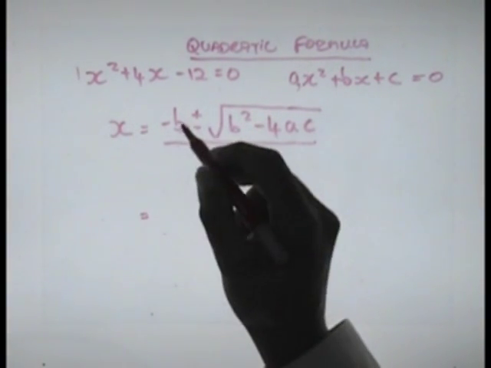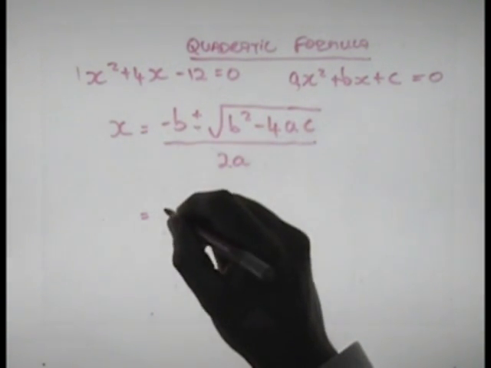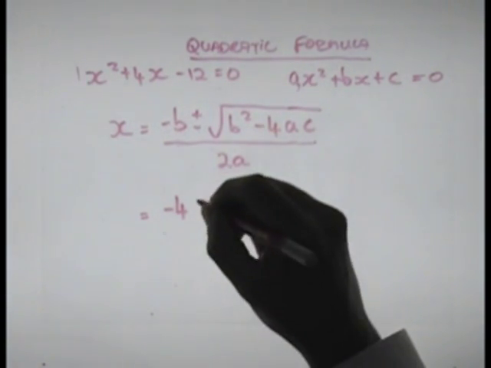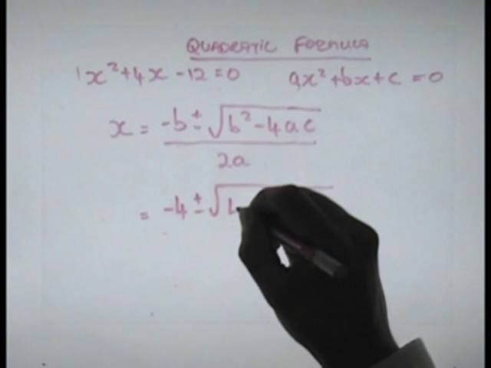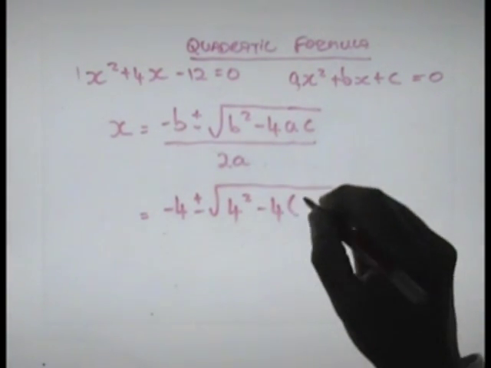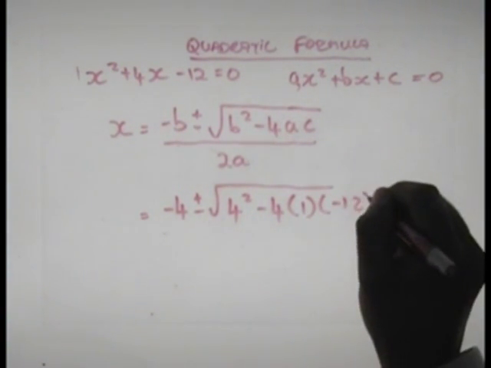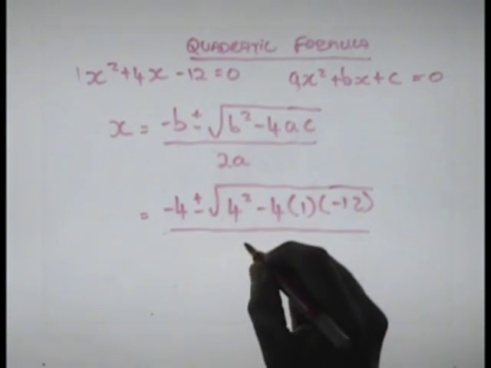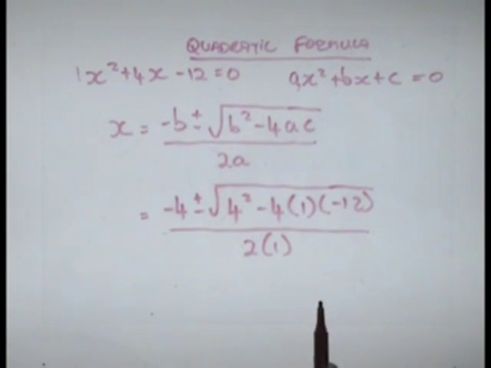Plugging the values in, our b value in this case is positive 4. Positive times a negative is negative. Negative 4 plus or minus the square root of b squared, which is going to be 4 squared, minus 4 times a times c, which is negative 12, over 2a, which is 2 times 1. Remember, our a value was 1.